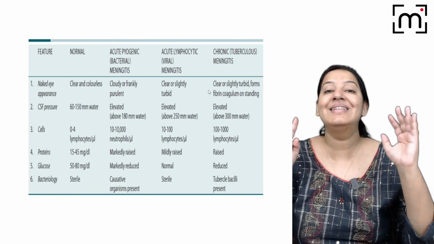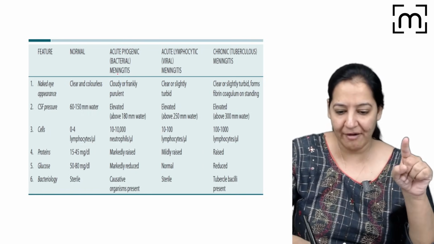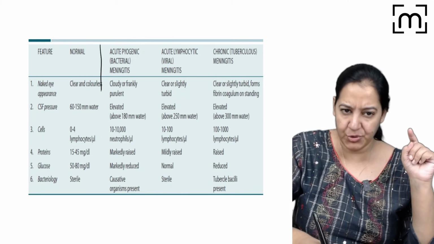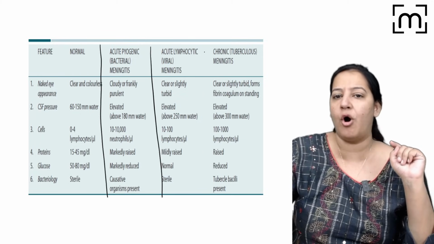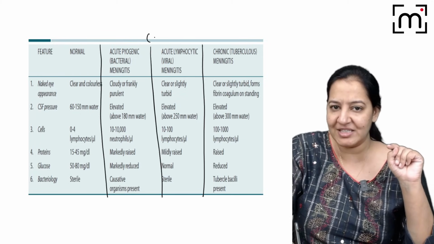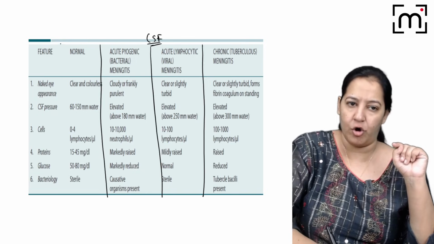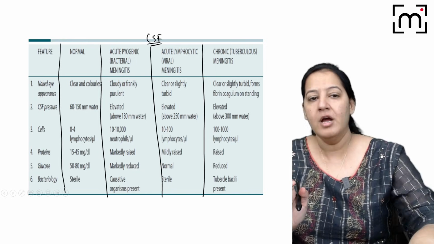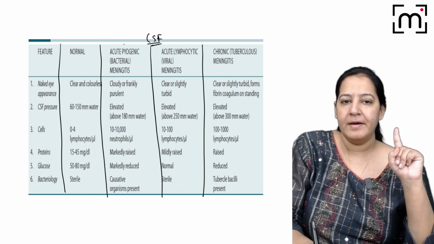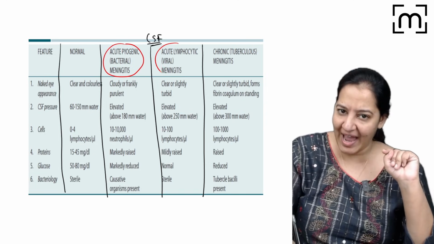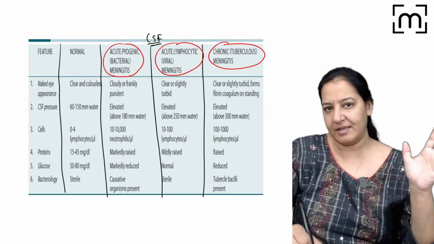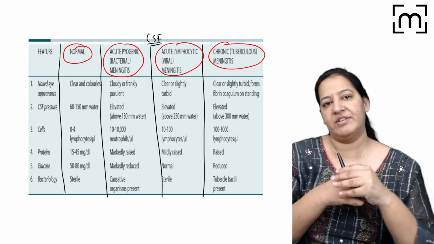Now in the end, this is the master table. You have to compare the features of the three types of meningitis, the CSF findings in each of them, with the normal. First you compare the acute bacterial, acute viral and chronic. These are the three types of meningitis. Compare each of them with the normal.